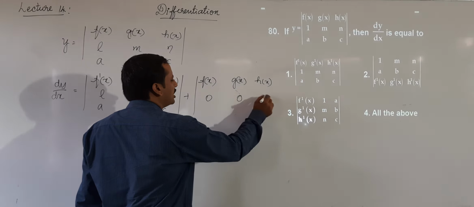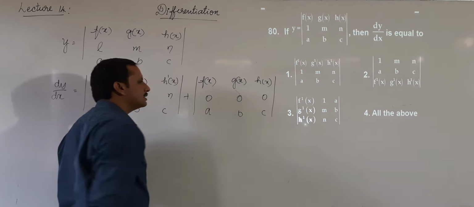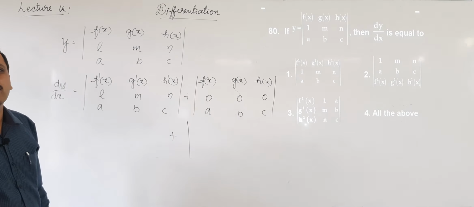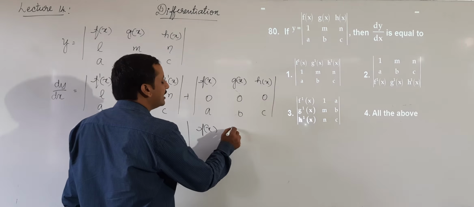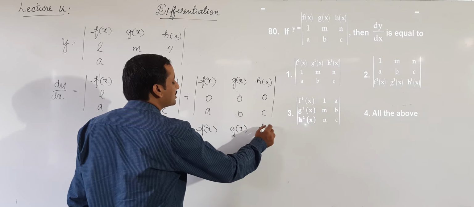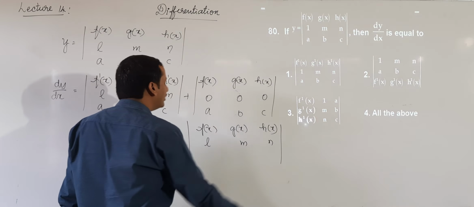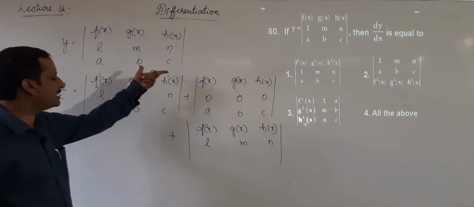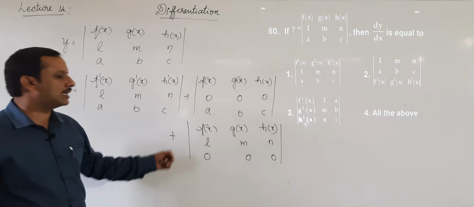So, when I differentiate them, we get 0, 0, 0. Keep the third row as it is, plus. Now, write another determinant wherein you differentiate the third row by keeping first and second as it is, f of x, g of x, h of x, L, M, N. Now, I differentiate that third row, A, B, C, which are constants, so its derivative will be 0.